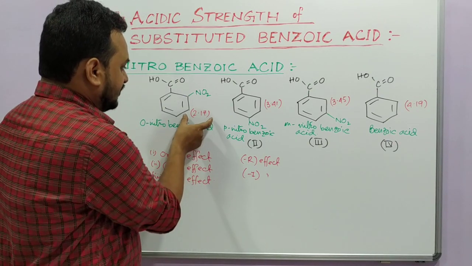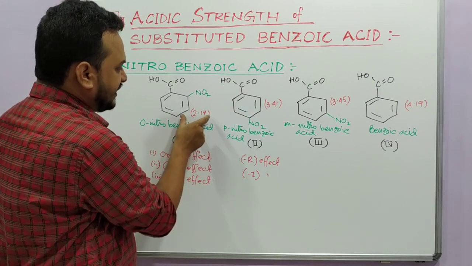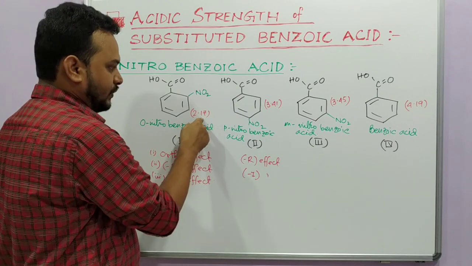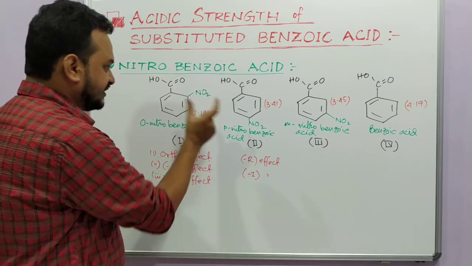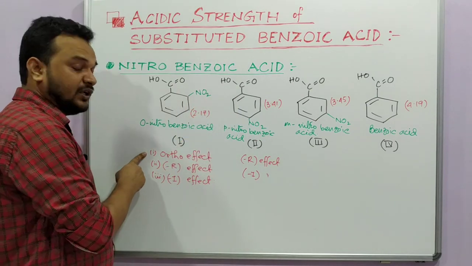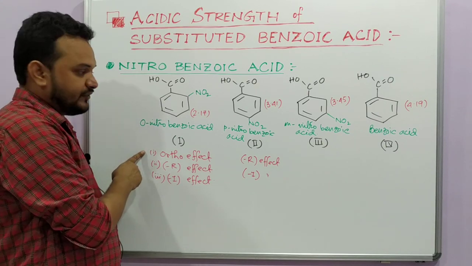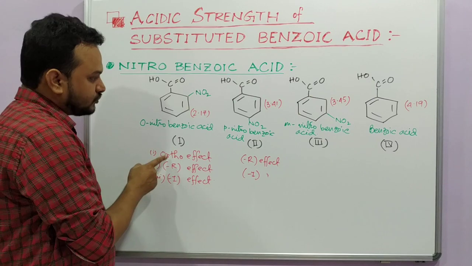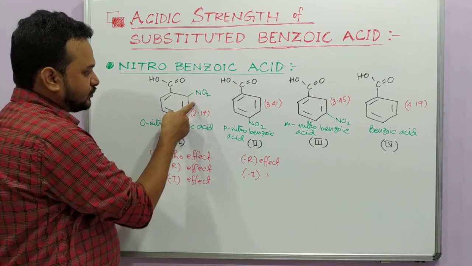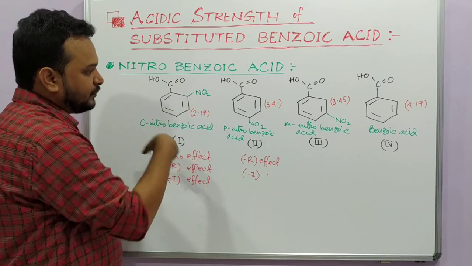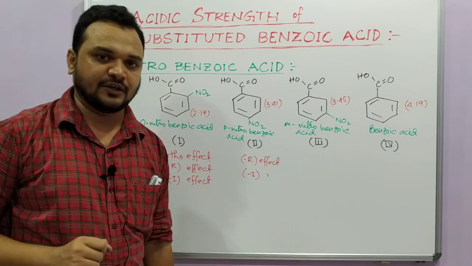So this huge difference in the pKa value, 2.17 versus 3.41, can be explained only by the ortho effect. This ortho effect is a very strong effect, and by the ortho effect only can ortho-nitrobenzoic acid be far more acidic compared to para-nitrobenzoic acid.